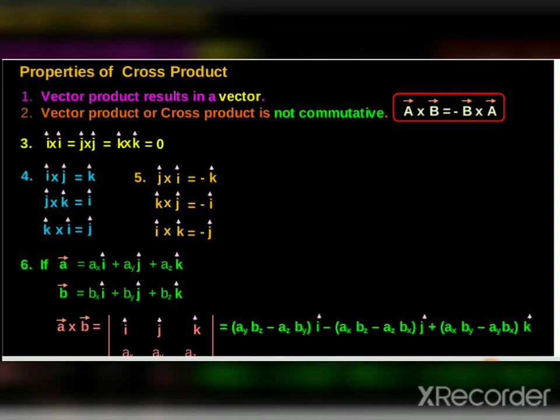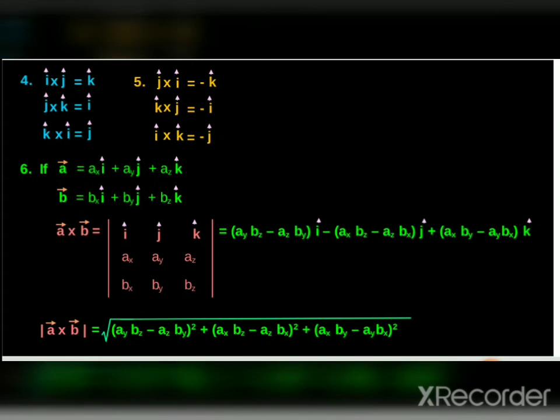Properties of cross product. You have to remember these properties for solving any sums or theories. Vector product results in a vector. A vector product, cross product, is not commutative: A cross B is equal to minus B cross A, and any two same unit vectors multiplied will be 0. i cross j is k, j cross k is i, k cross i is j.